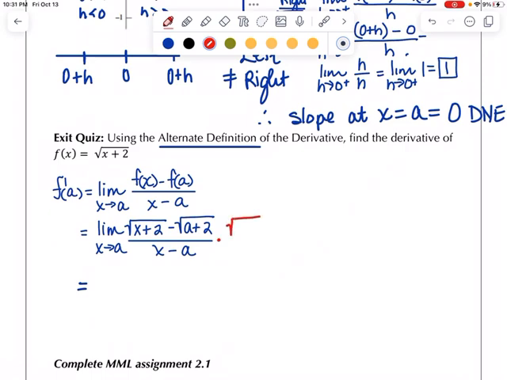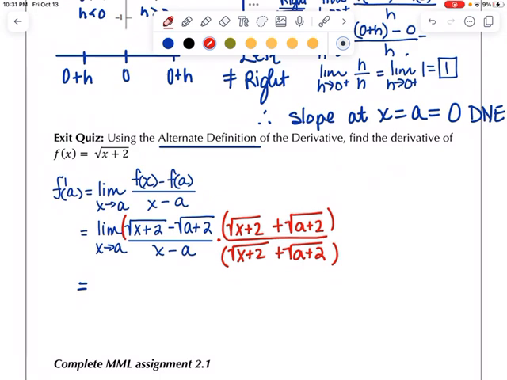So we have times the square root of x plus 2 plus square root of a plus 2 over square root of x plus 2 plus square root of a plus 2. Okay, now you can put parentheses around these, remembering that you must use them when you multiply.